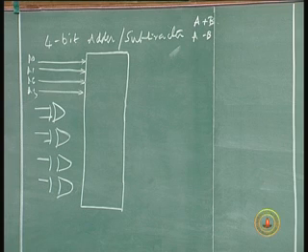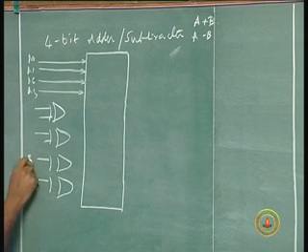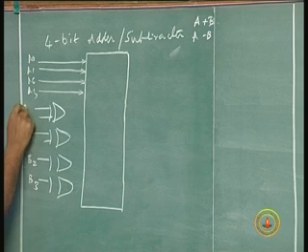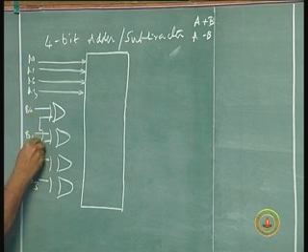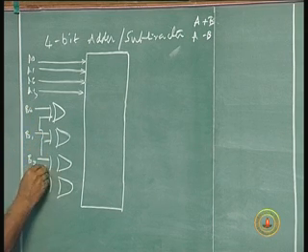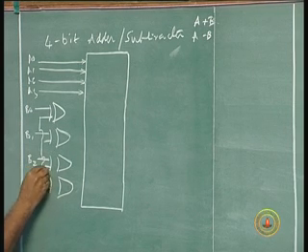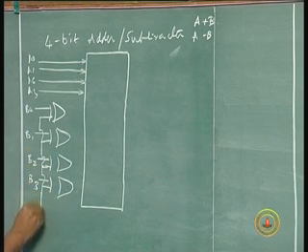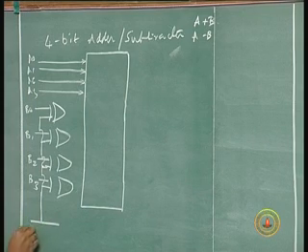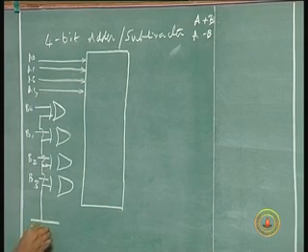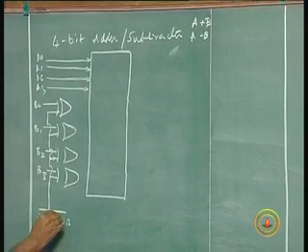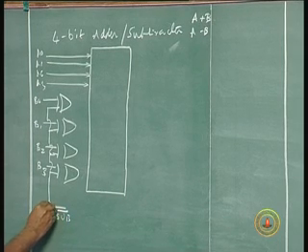A3 is the sign bit. Similarly, B3 is the sign bit, B2, B1, B0, and this will be my add bar subtract. I will call this signal add bar subtract. What does it mean?